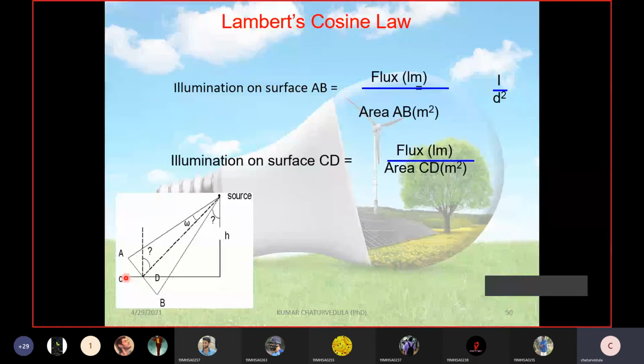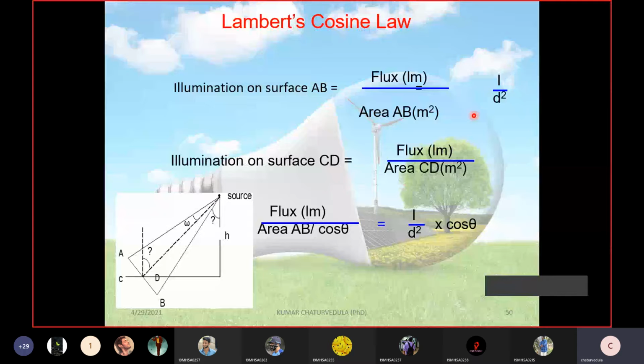We cannot directly measure the area of CD, but we know CD is equal to AB by cos theta.